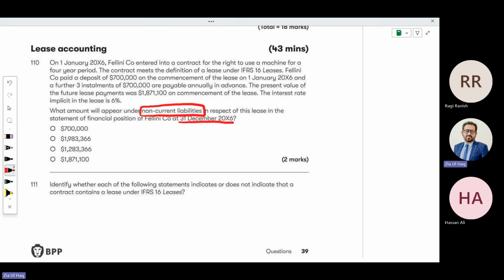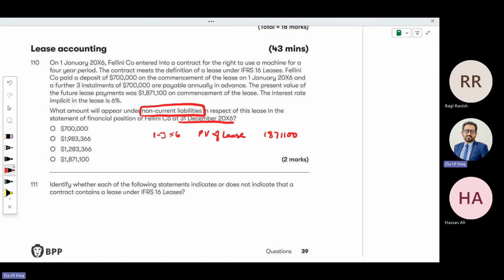The first payment they have already made. After making that payment, they have the PV of lease at 1st January 20x6, which is 1,871,100.